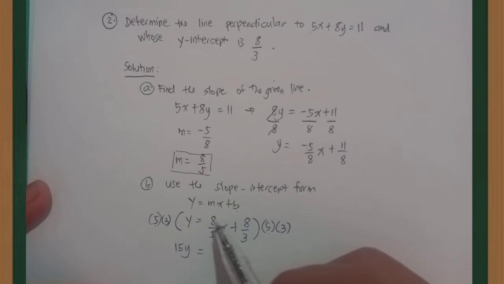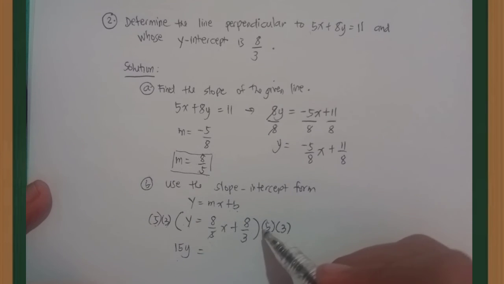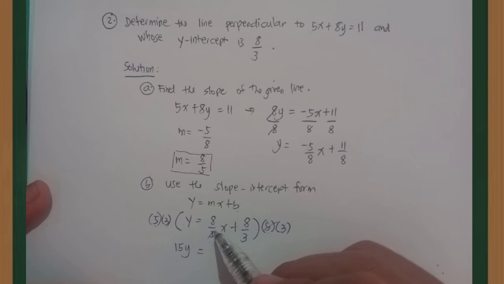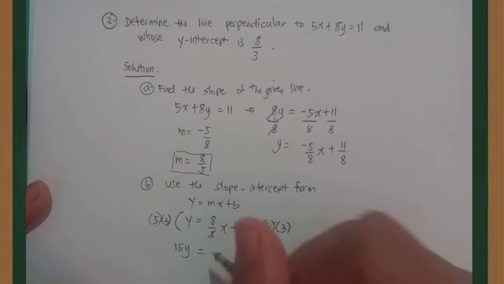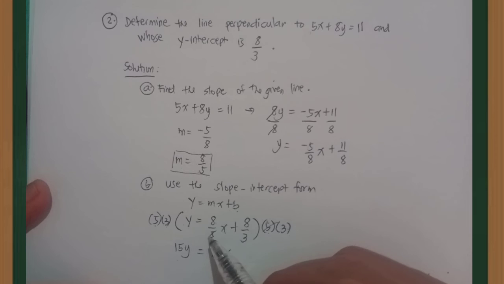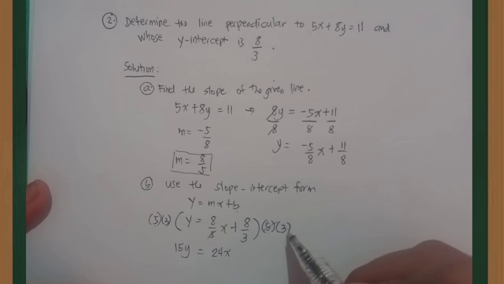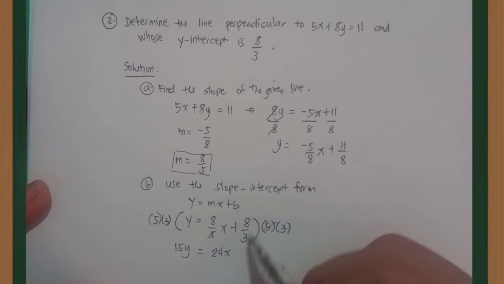So, cancel the 5. What remains is 3 and 8x. 3 times 8x, the answer is 24x. Got it? Okay. We just cancel the 5, since 5 is the denominator, so what remains is 3, which we multiply by 8x. 3 times 8x, 24x.